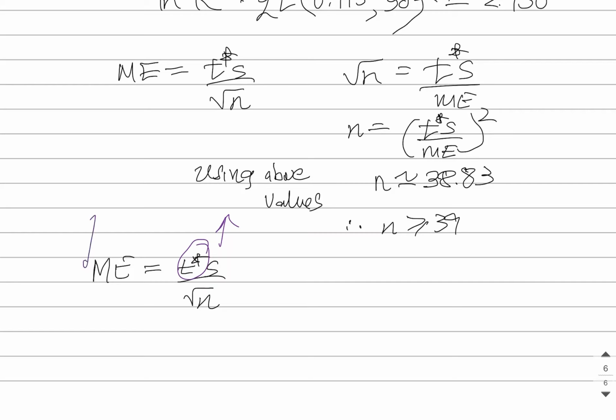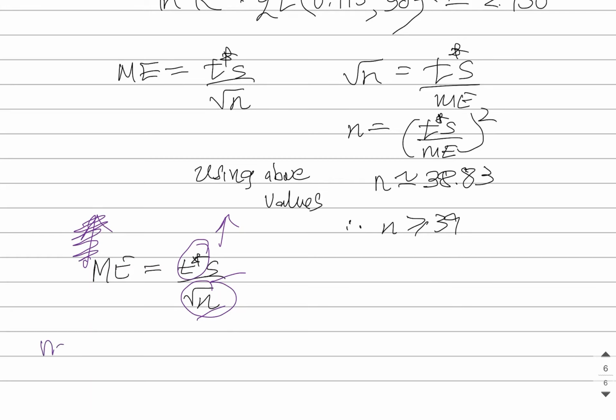But doing that while keeping n and s the same would increase the margin of error. So if you want to increase this but have no change in your margin of error, n must increase to do that. So it's this trade-off.